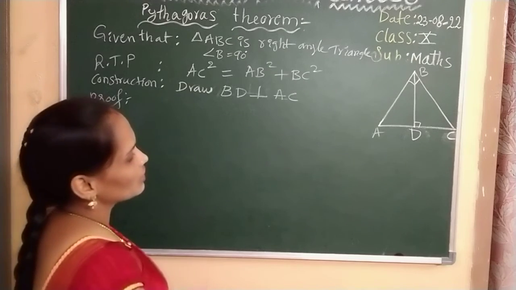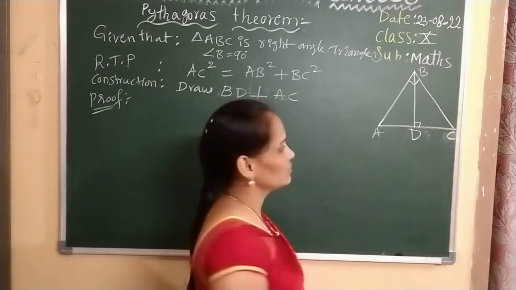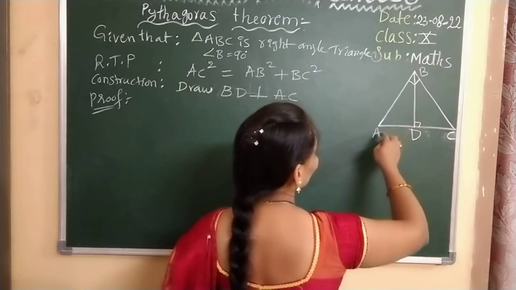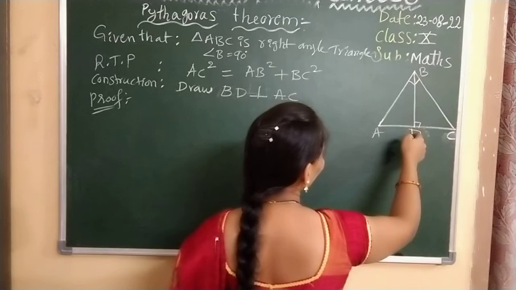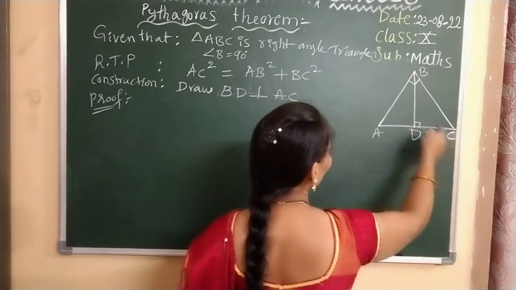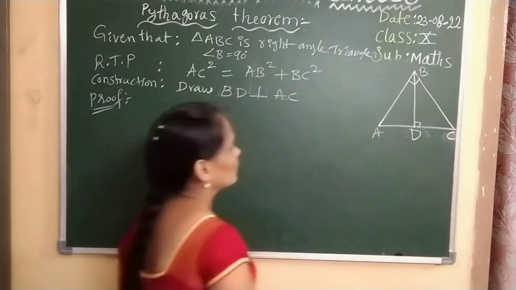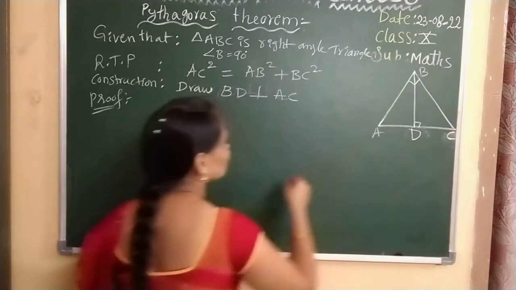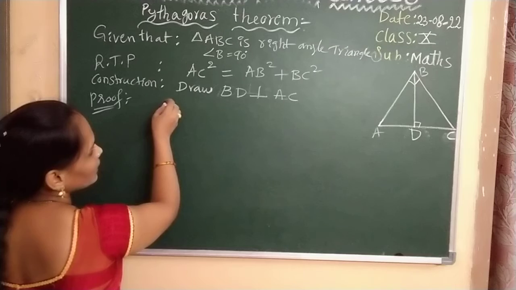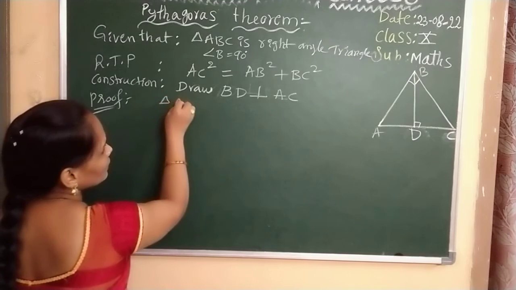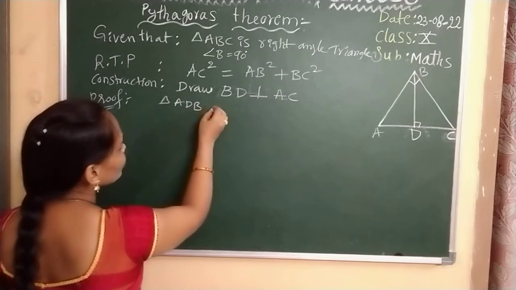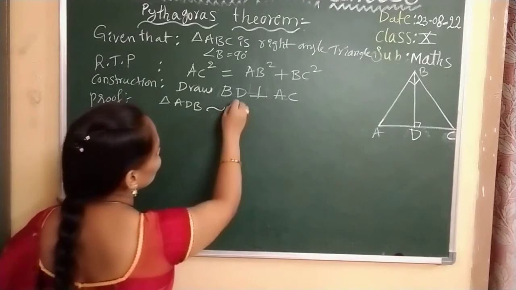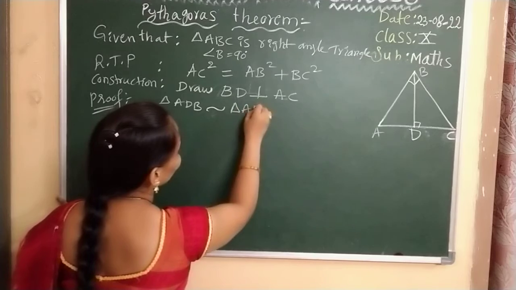Look at the figure. After drawing the construction, we have triangles here: one ABD, one BDC, and one ABC, the full triangle. Now take the small triangle and the total triangle. Triangle ADB is similar to, this is the symbol of similar to, triangle ABC.